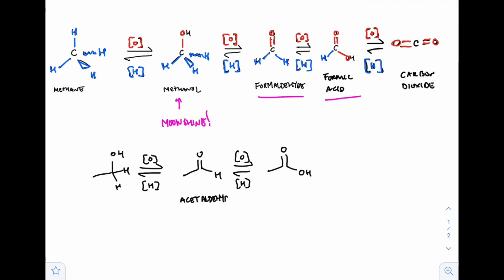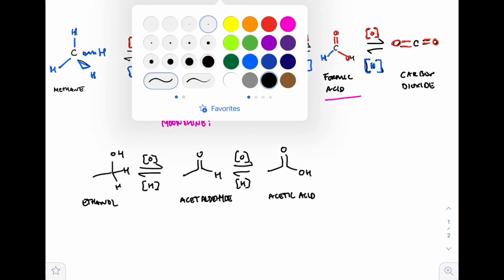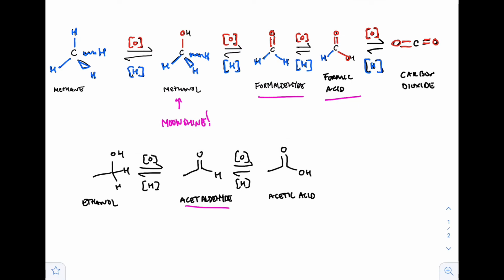Acetaldehyde's not ideal in the body either, but then you get acetic acid, which is pretty much kombucha. So enjoy. That's why ethanol is not as toxic to the body. It is, of course, toxic because acetaldehyde in large quantities is not good either. But anyway, just some fun facts I wanted to show you.